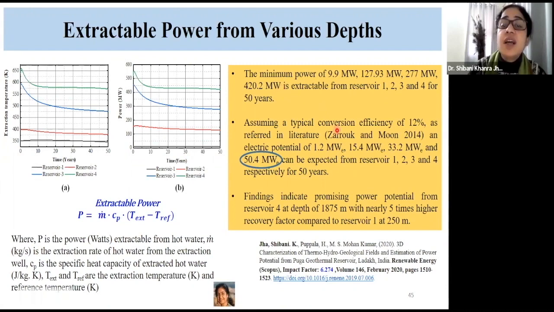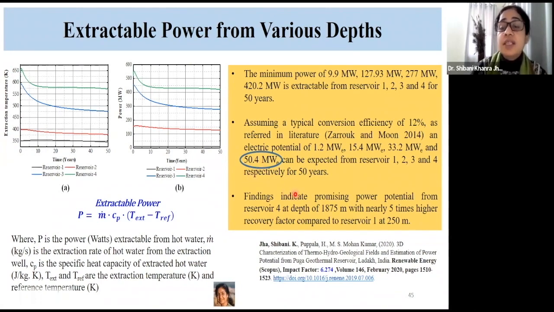However, taking the typical conversion efficiency into account, which is 12% of this estimation, it shows a minimum of 1.2 megawatt electric from the very shallow depth, indicated by reservoir 1, and a highest of 50.4 megawatt electric, which can be obtained from this particular field. So this is a promising value in itself, 50.4.